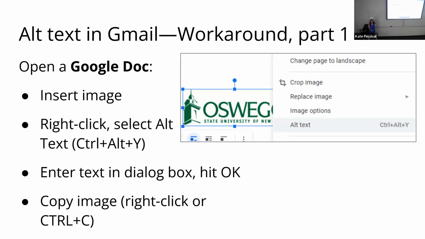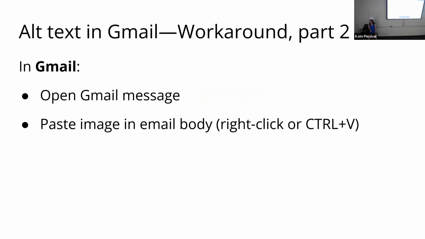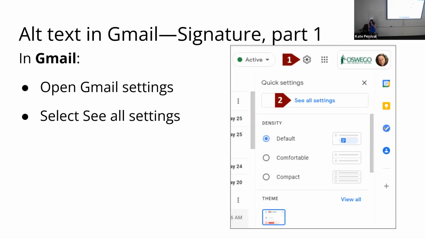Once you've added in the alt text in the Google Doc and copied the image, you open Gmail and you paste that image into the body of the Gmail. Ridiculous, I know. Google Docs are fairly easily made accessible. I don't understand why Gmail is not.